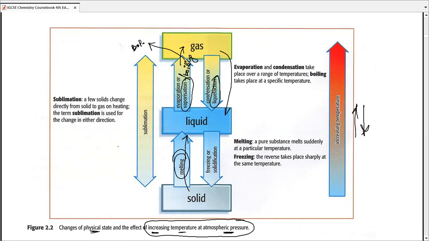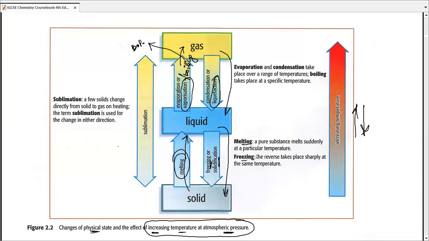Now, liquefaction and condensation are two separate things, just like evaporation and boiling were. Liquefaction occurs at a specific temperature, like boiling does. Condensation and evaporation may occur at different temperatures. So I'm going to discuss that a little later, don't worry. And then liquid can be converted into a solid by freezing or solidification process. These two might be a little different, but at this point, freezing and solidification will mean the same thing.